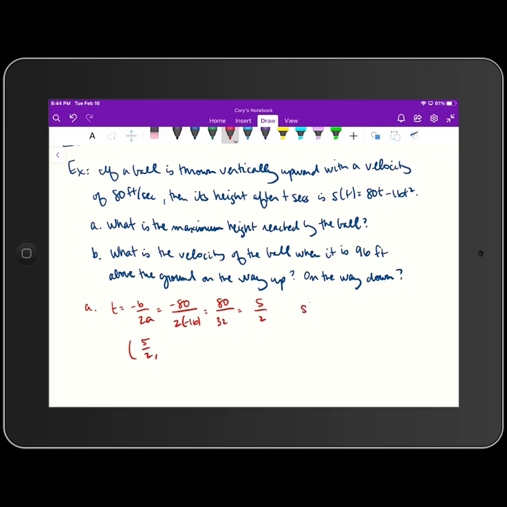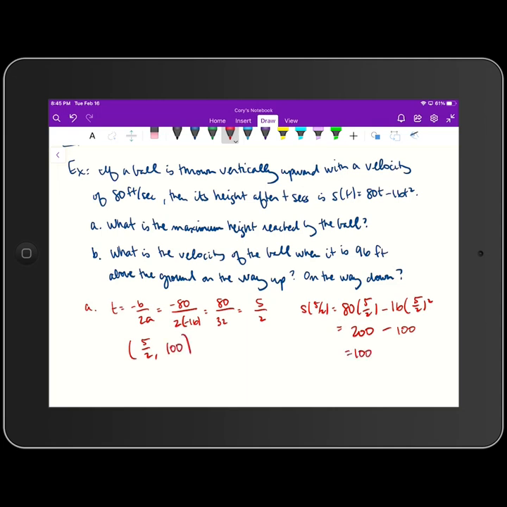So s of 5 over 2 is 80 times the quantity 5 over 2, minus 16 times the quantity 5 over 2 squared. 2 goes into 80 40 times, and 40 times 5 is 200. 5/2 squared is 25 over 4, so 4 goes into 16 4 times, and 4 times 25 is 100. So 200 minus 100 is equal to 100.